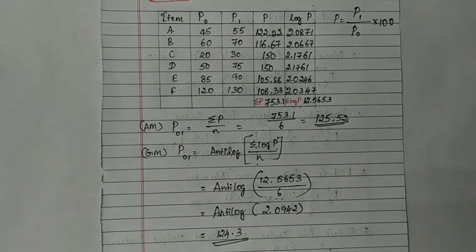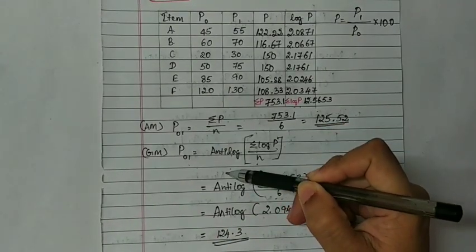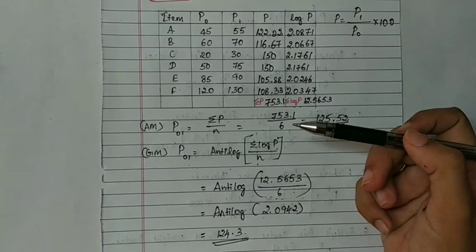Type that in your calculator, 1242. To that, how much should you add now? The 2 after the point, that is 1. So plus 1, 1243. So our answer will be 1243. Write as it is without any points. Now we know that after the third digit we have to put one dot, so it will become 124.3. That's it. So this is how we calculate price index based on price relative using arithmetic mean and geometric mean. With this we are done with unweighted index numbers calculations.